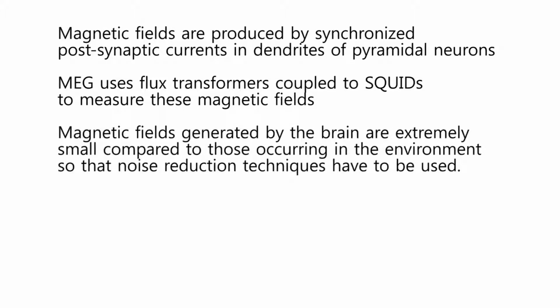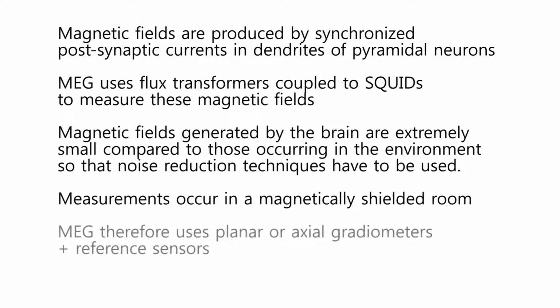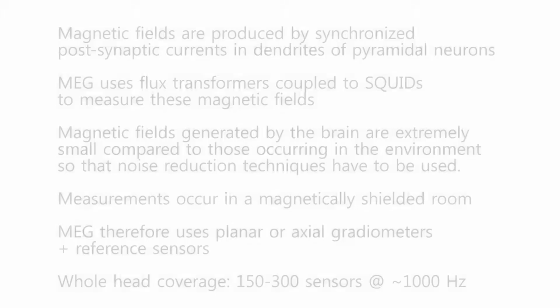MEG is very sensitive to environmental noise, and it therefore has to use noise reduction techniques. For this purpose, recordings are done in a magnetically shielded room. Furthermore, MEG uses gradiometers and reference sensors instead of plain magnetometers. Several hundreds of these are typically used to get a whole head coverage, and they are recorded at about 1000 Hz.